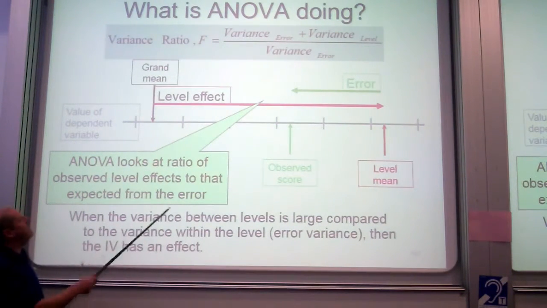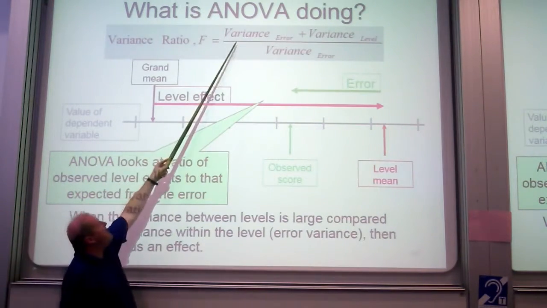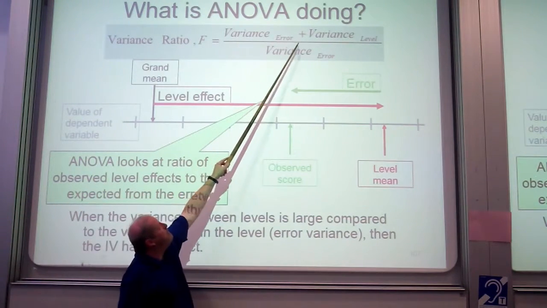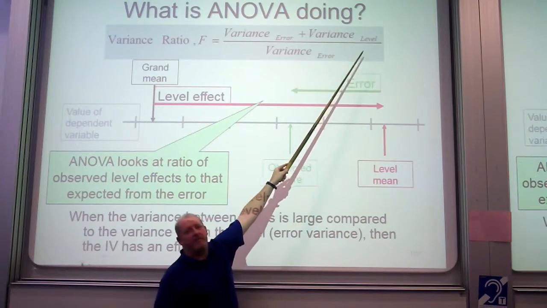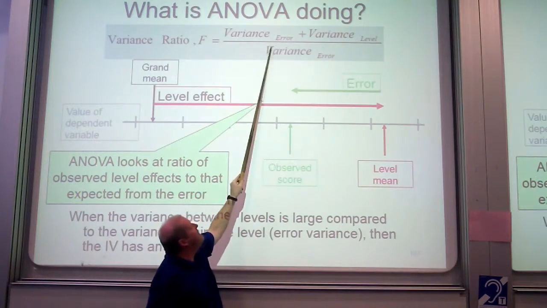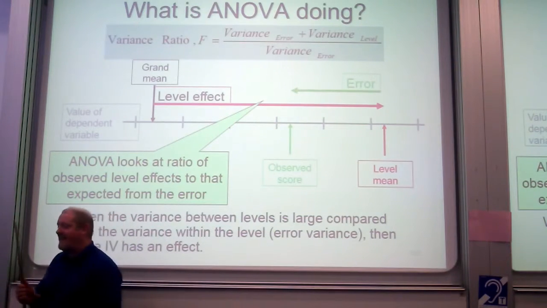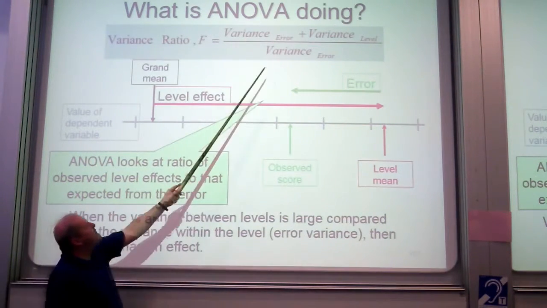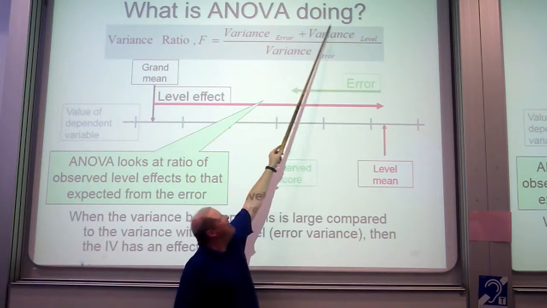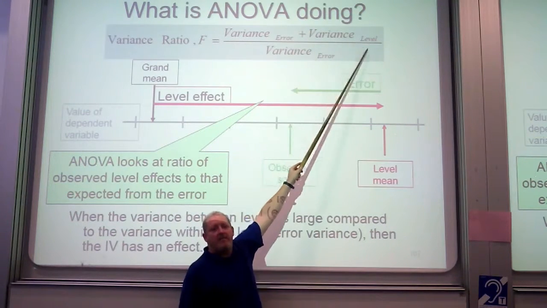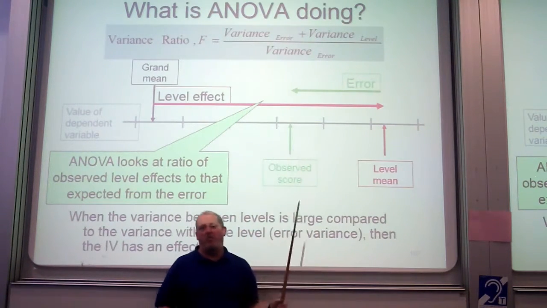You'll often come across the F ratio as the variance of the error plus the variance due to the level, the variance of the effect, divided by the variance of the error. That's actually what it's always measuring, and if this bit gets big, then the F ratio is bigger than 1.